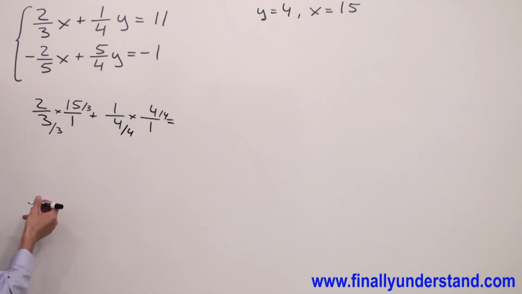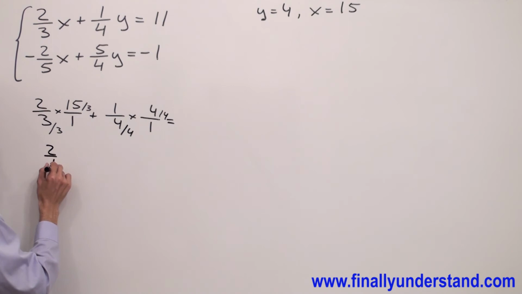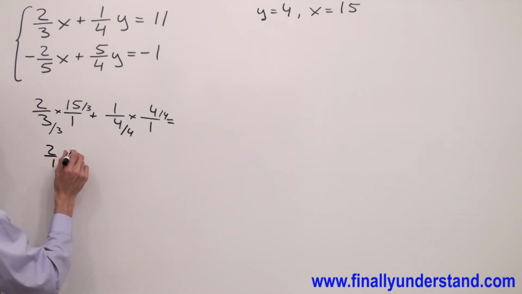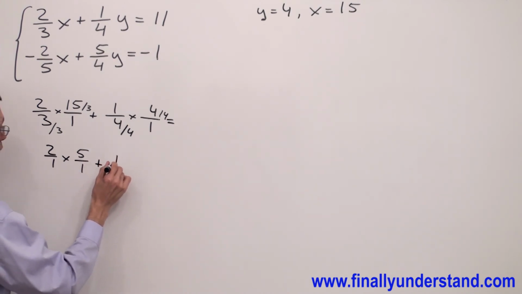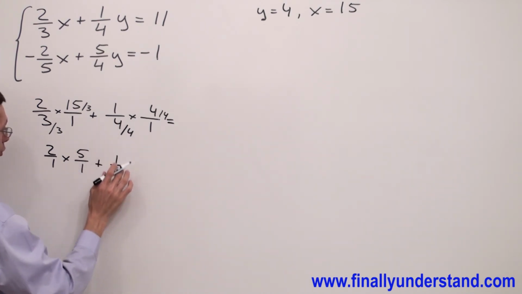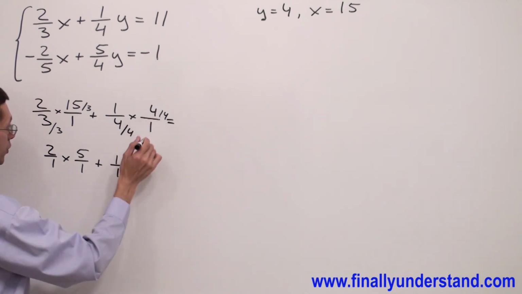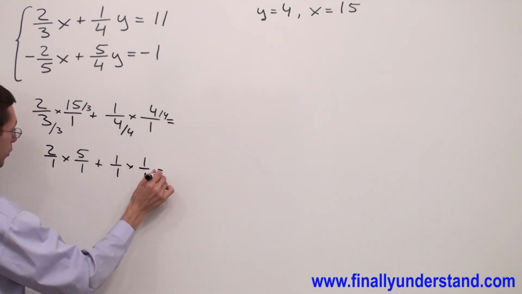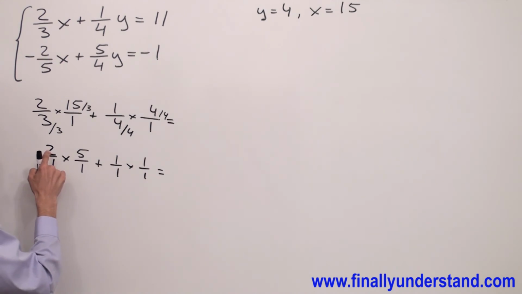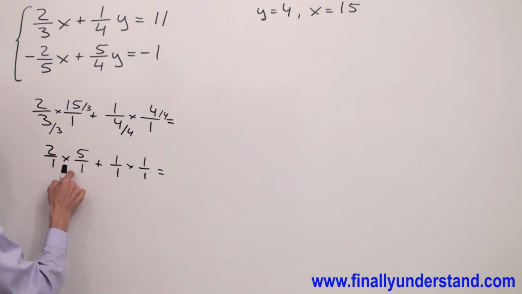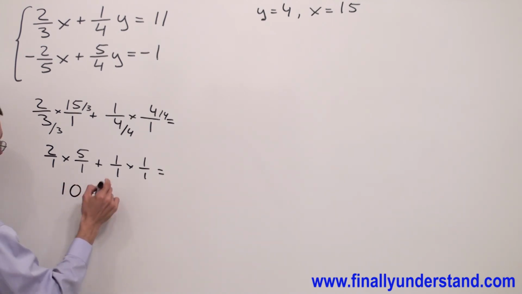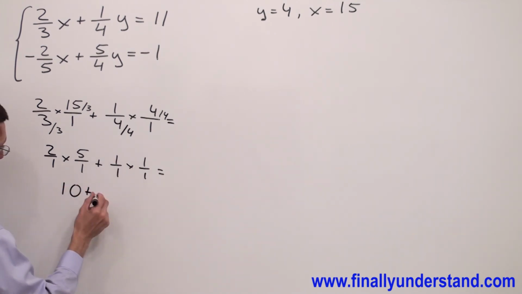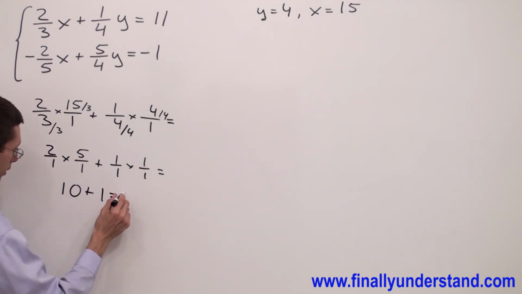So, what do I have? 2 over 1 times 5 over 1 plus 1 over 1, because 4 divided by 4 is 1, times 4 divided by 4 is 1 over 1 equals 2 times 5 over 1 is equal 10, plus 1 times 1 is 1, so I have 10 plus 1 is equal 11.